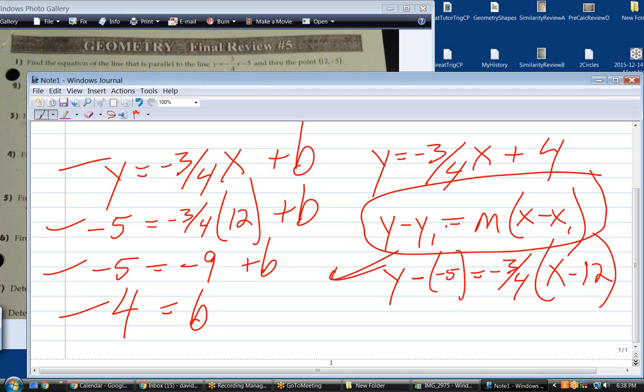So use either method that you like, because in the question he doesn't say, give me the answer in y equals mx plus b format. That's called slope-intercept, because you have a slope and you have the intercept. Over here it's called point-slope because we have the slope and we have the point.